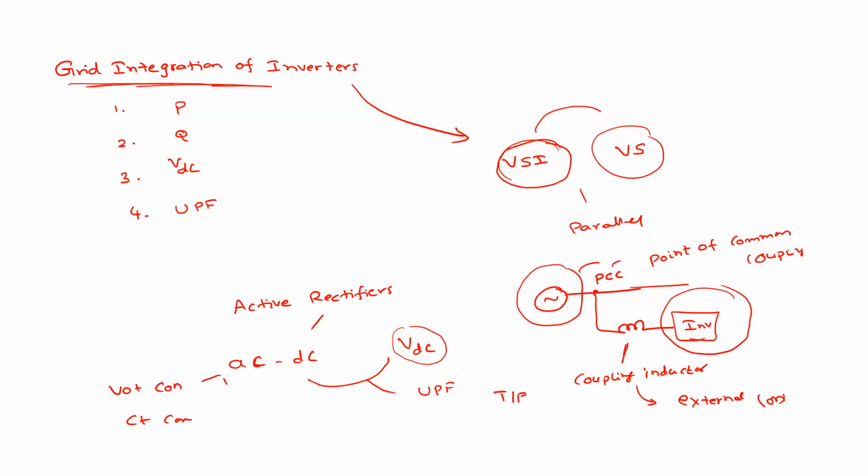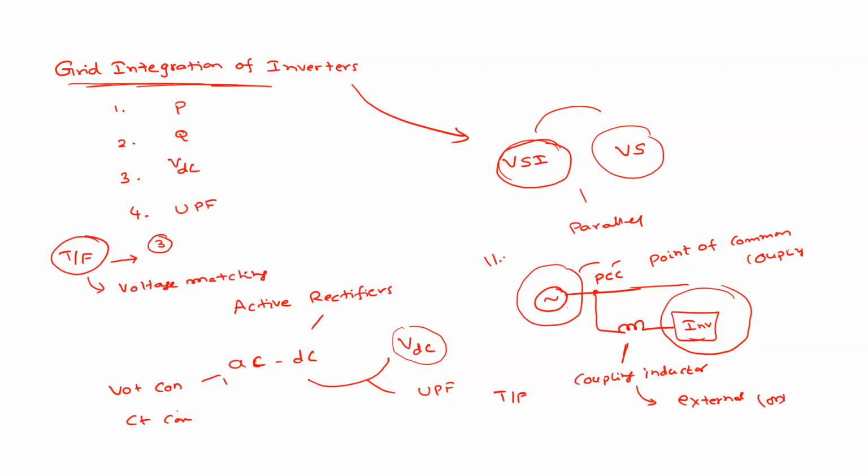Before connecting the inverter to the grid, we normally use a transformer. This transformer serves three things. One is voltage matching. So what is the meaning of voltage matching?